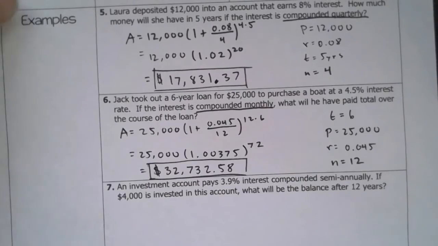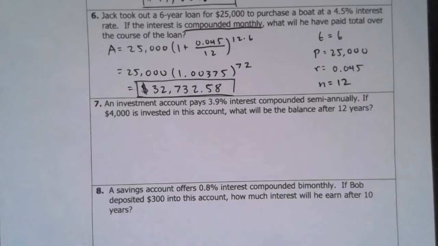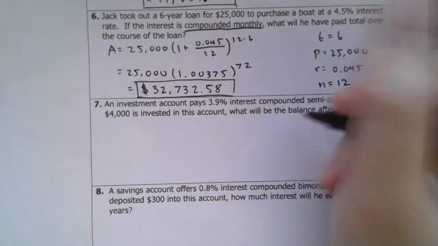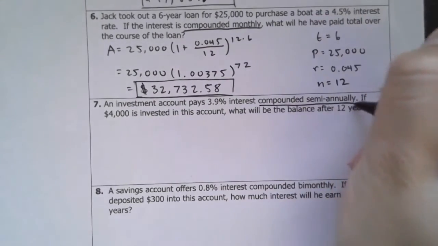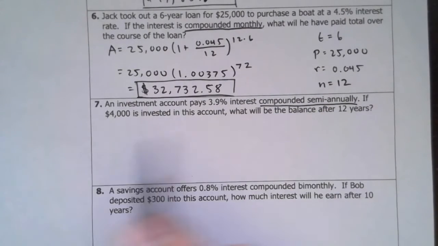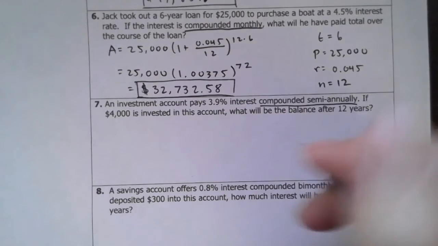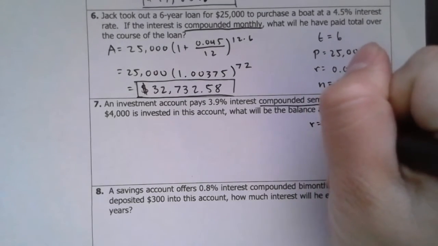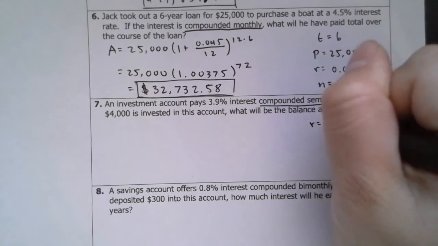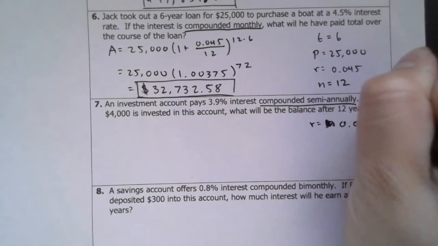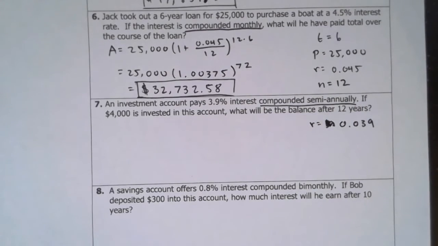Number 7 says an investment account pays 3.9% interest compounded semi-annually. Okay, so let's underline that for now. And if $4,000 is invested in this account, what will be the balance after 12 years? So R is 0.039.